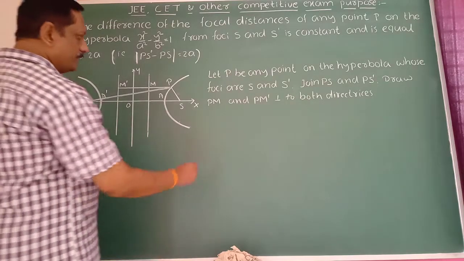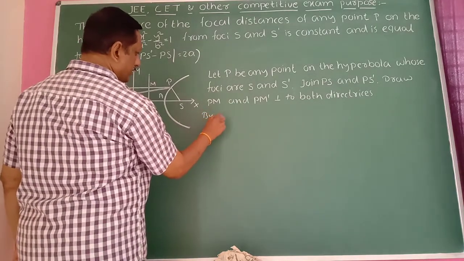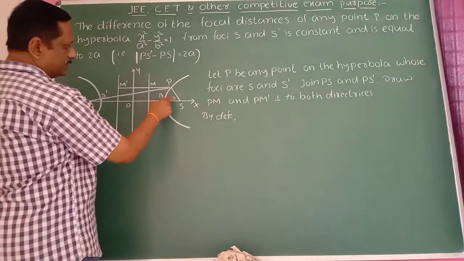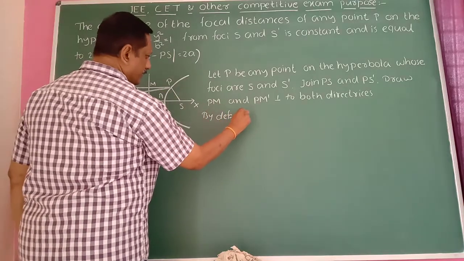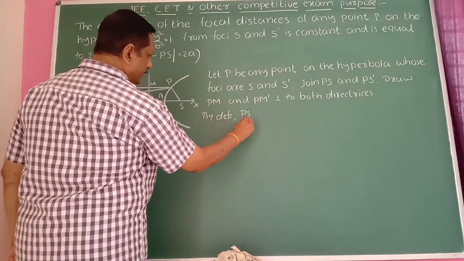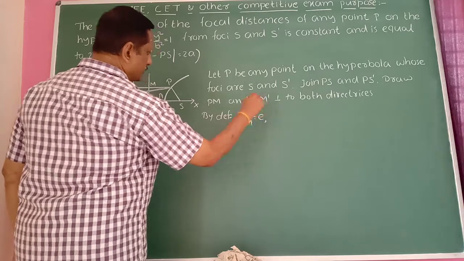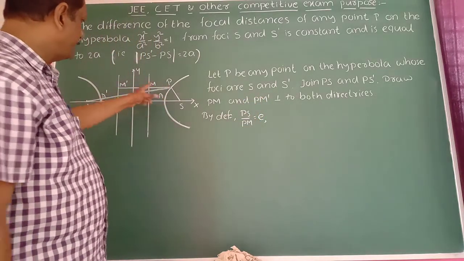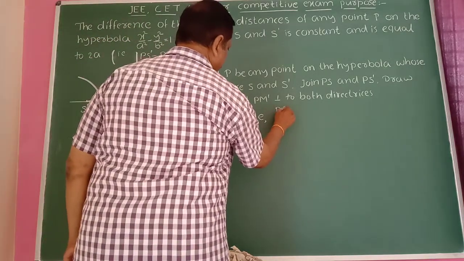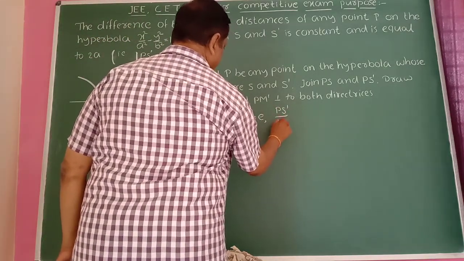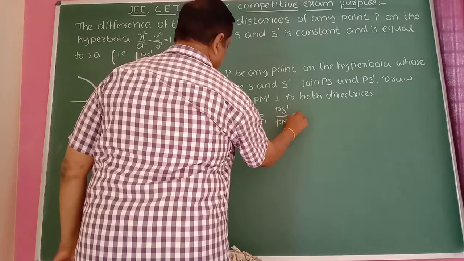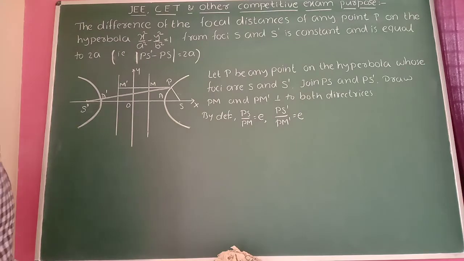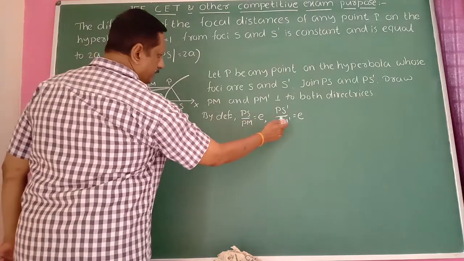Then by the definition of a conic, PS divided by PM is equal to e. Similarly, PS dash divided by PM dash is equal to e. This is by the definition of a conic.